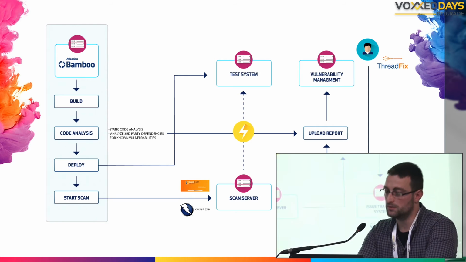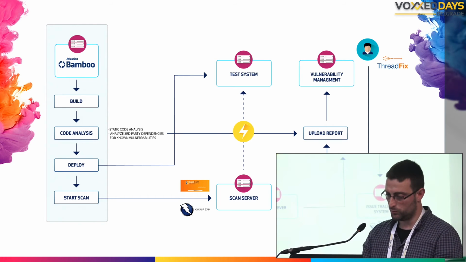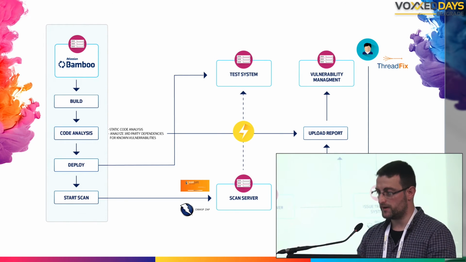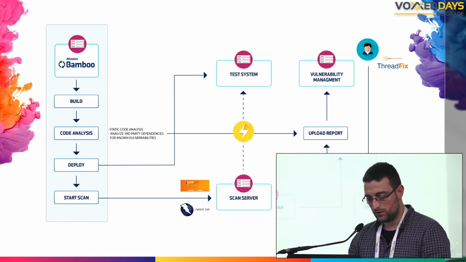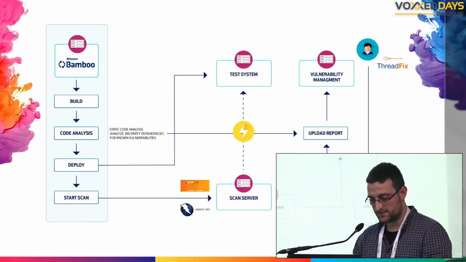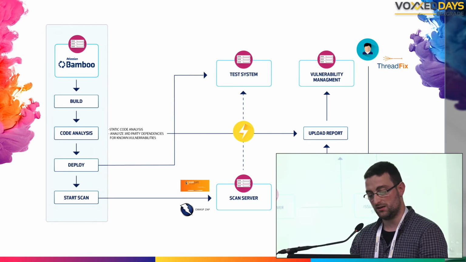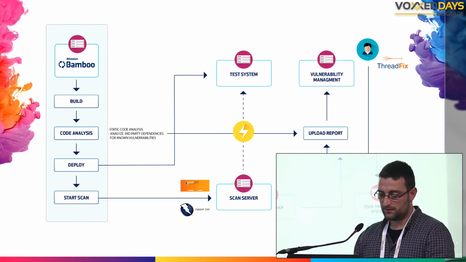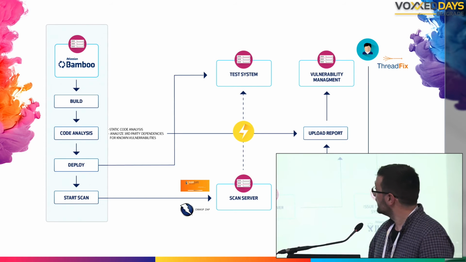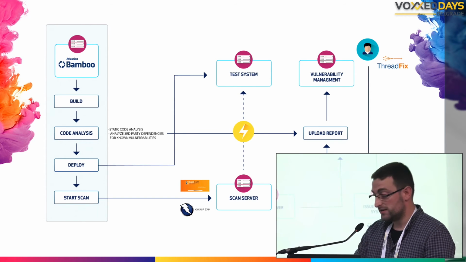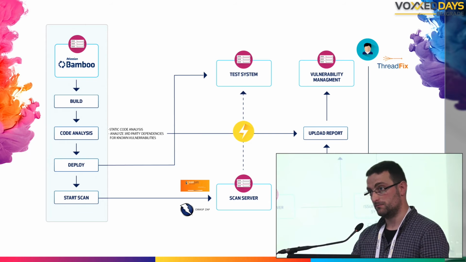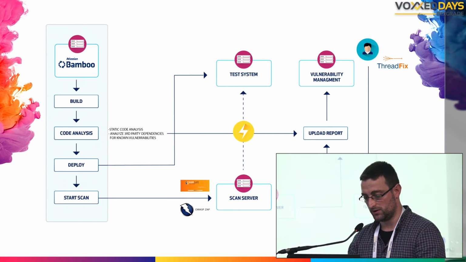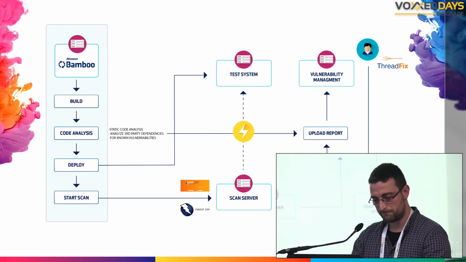So our build system is Bamboo, and right after a developer commits some code that he just made, it gets built, of course, and it heads up to this code analysis part. This is the first part in our process that we wanted to automate.